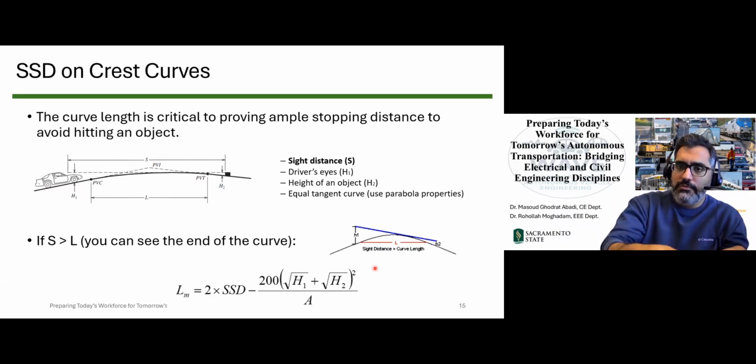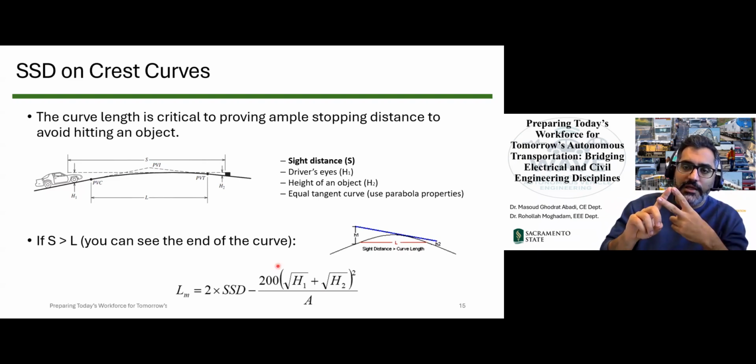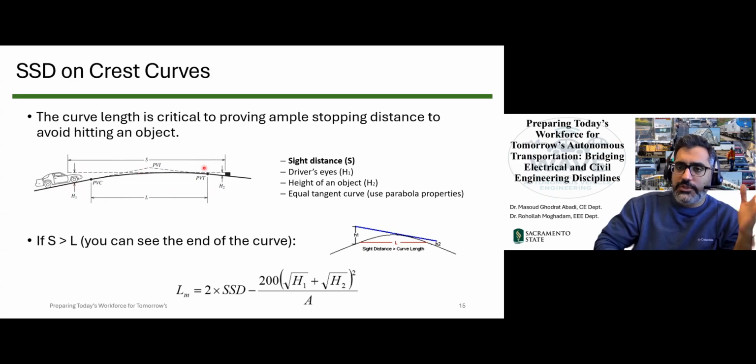If not, we move on to the next equation that you see here. Again, I want to emphasize that L and S are two different things. One is the length of the curve. This is what I have to design. The other one is S. This is what I got from the physics of a vehicle driving with a speed of V and wanting to come to a complete stop.